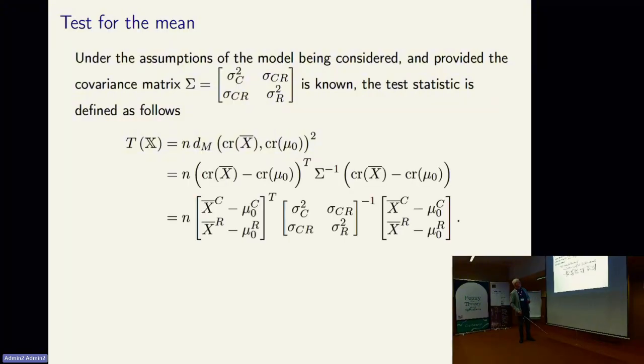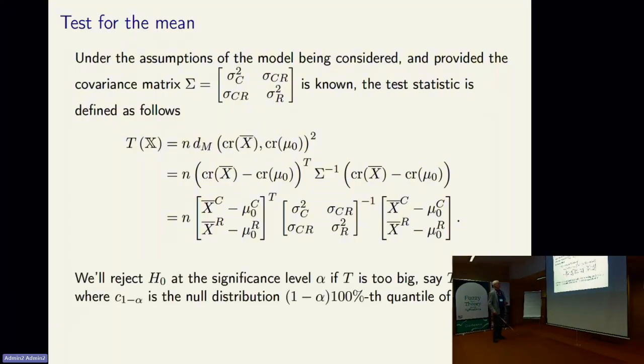If I put in the details, it looks like that. We have this vector and this known matrix. And since it is a distance between what is assumed and what I really observe, in some sense, when the difference is too big, I simply have to reject. But the problem is, what does it mean too big? So the problem is how to find this value.